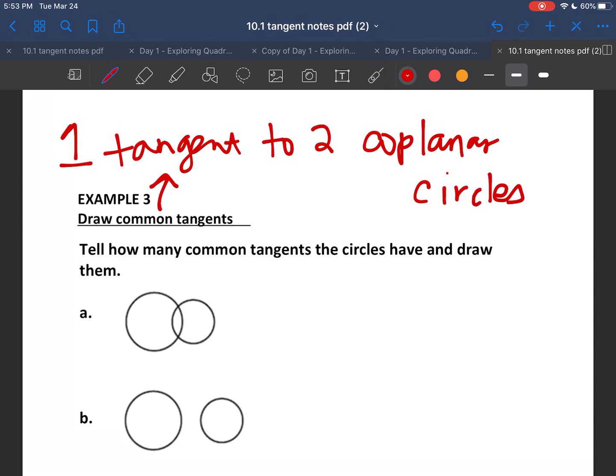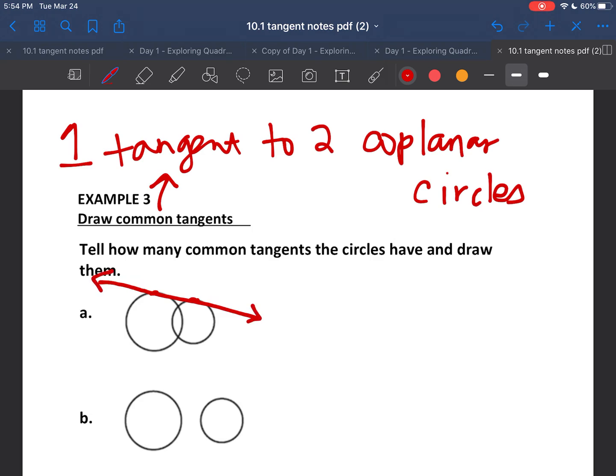All right, so what I'm trying to identify here next is how many common tangents do the circles have? And I'm going to draw them too to help me identify them. So how many lines, rays, or segments can I draw where that one particular line, ray, or segment touches both circles? Okay, so for this first one, I can see if I can try to hit the top of both circles, and my tangent might be something kind of like that. Okay, and if you want to draw a line, you can put arrows on it.